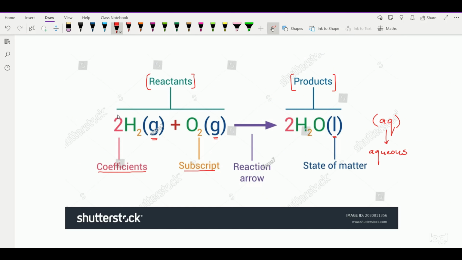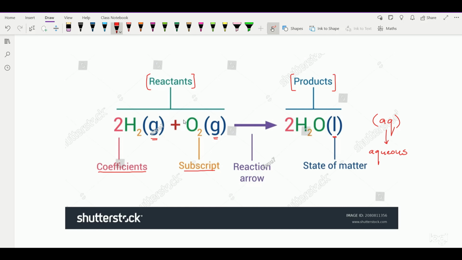Now, the larger number at the front, the coefficient, represents the number of particles or molecules that will take part in the chemical reaction itself. In this chemical reaction, for example, I can say that two molecules of hydrogen would react with one molecule of oxygen.